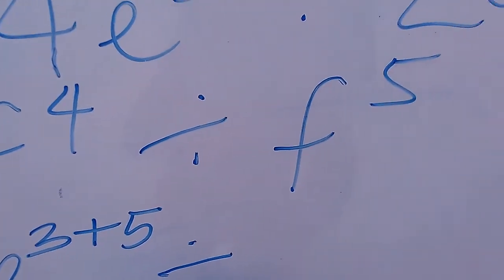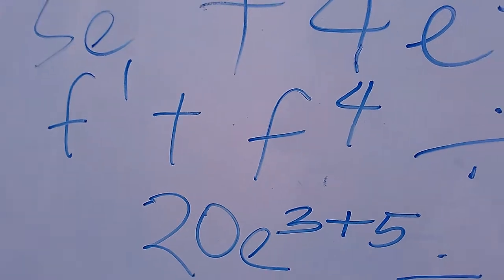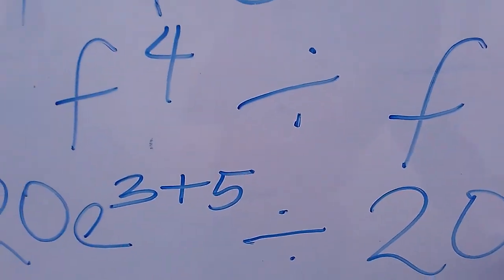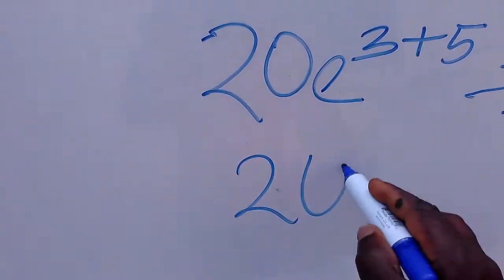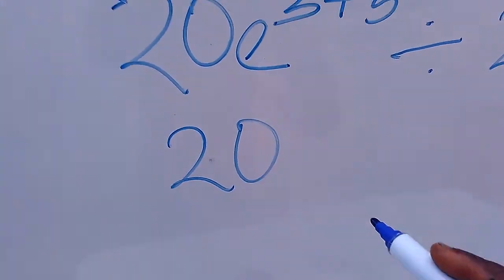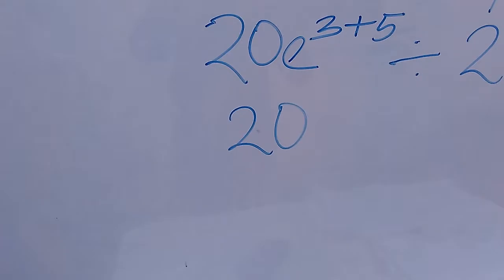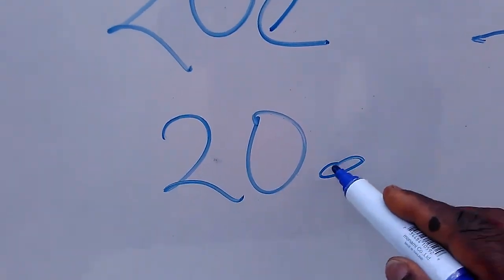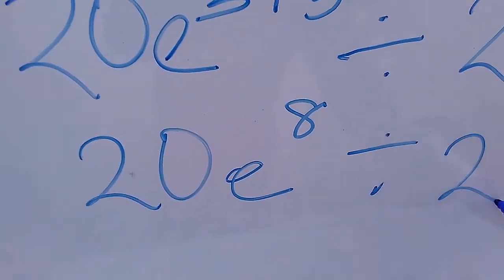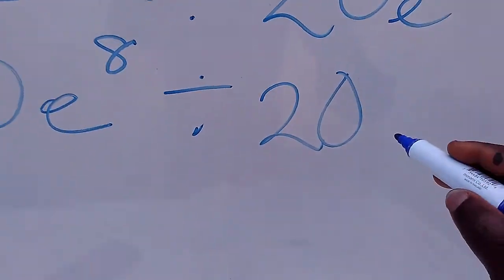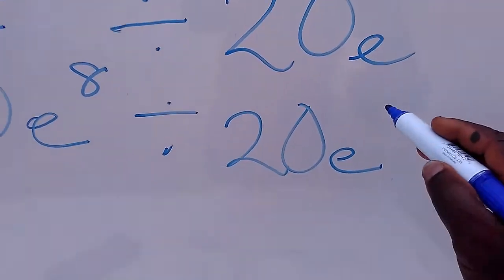Divide 20e8. So we have 20e raised to the power 8 divide 20e raised to the power 8.